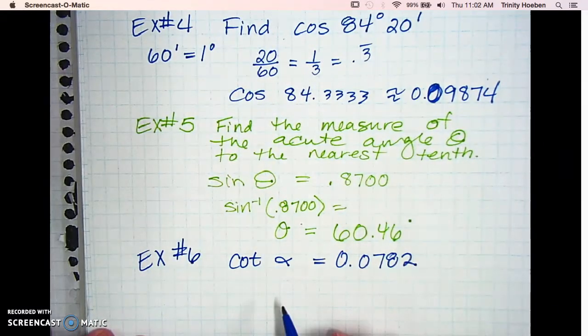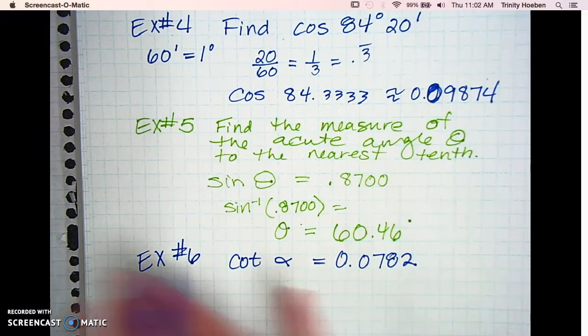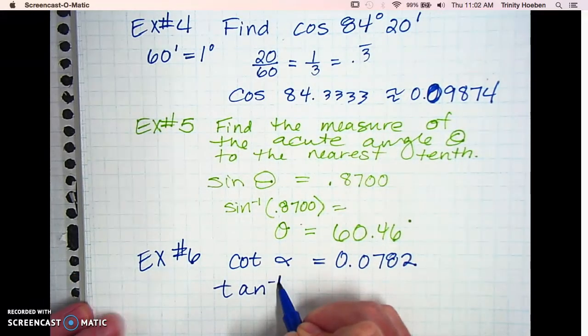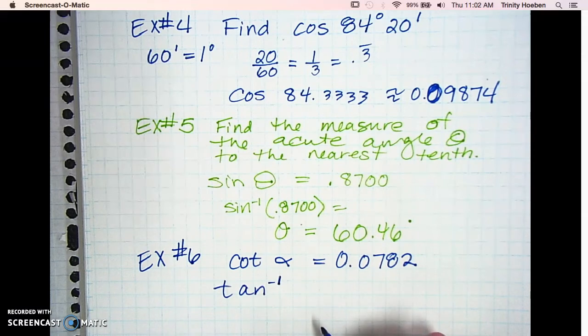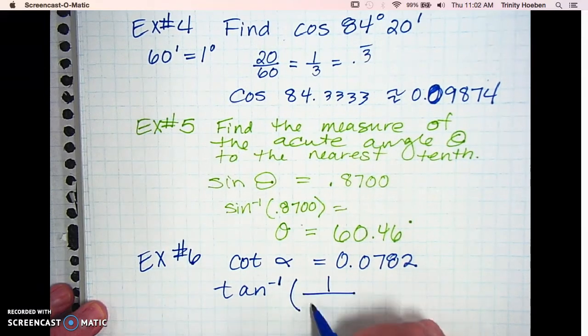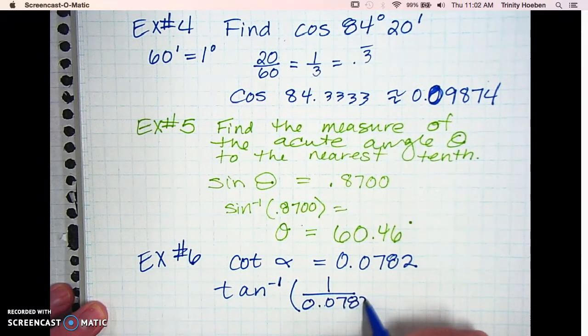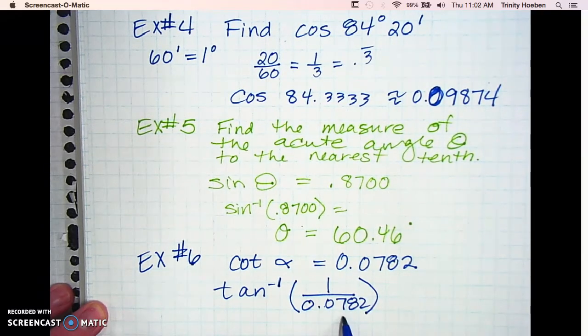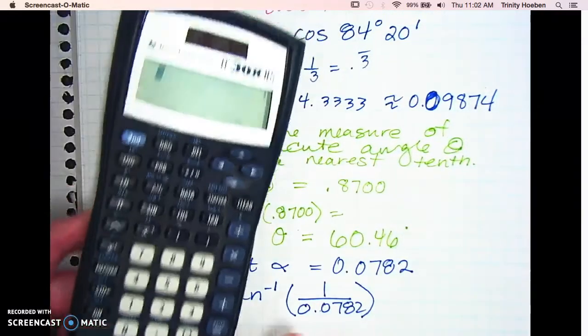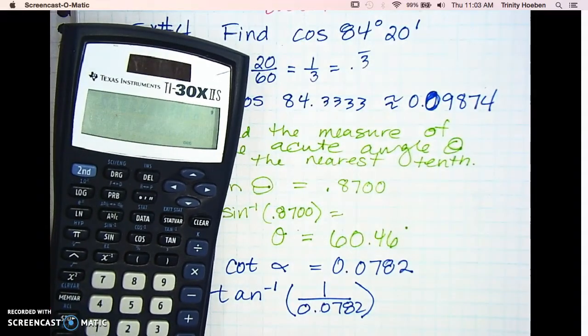So we're going to say 1 over tangent inverse, because it's combining two things: the inverse and the reciprocal of 1 over 0.0782. So we have to do the inverse and the reciprocal. That's a little tricky to type in, but not too bad.